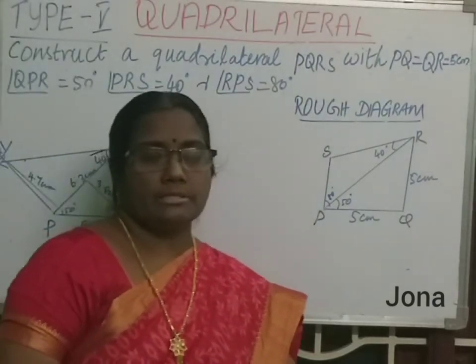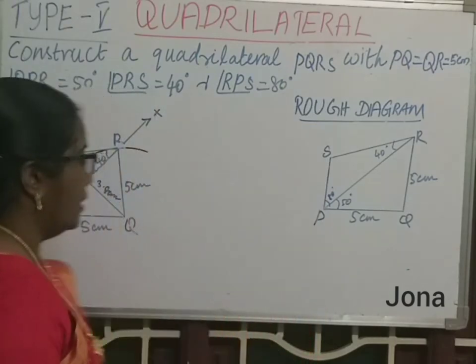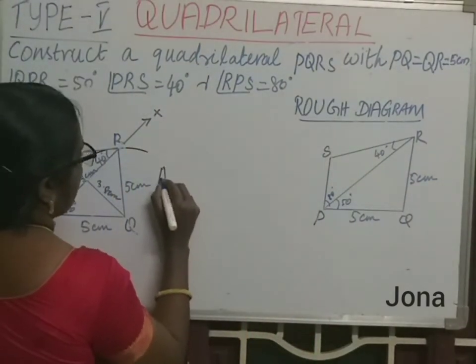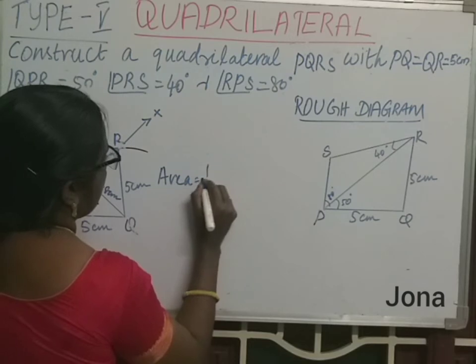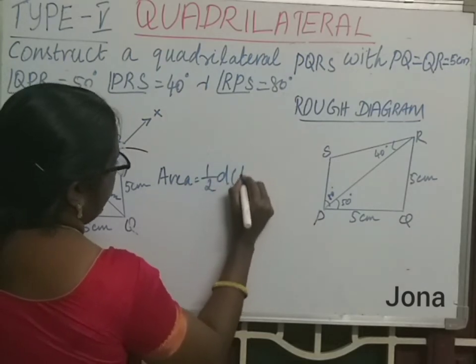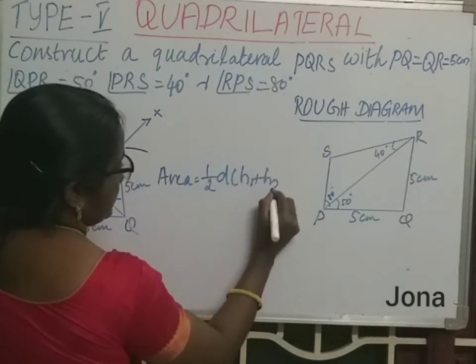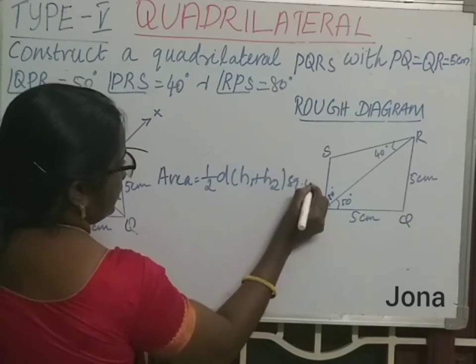So by the use of this we can easily calculate the area. Area equal to half into D into H1 plus H2 square units.